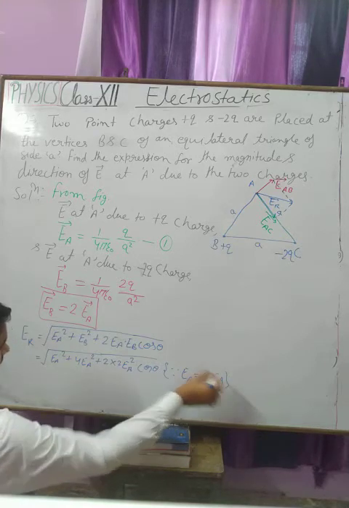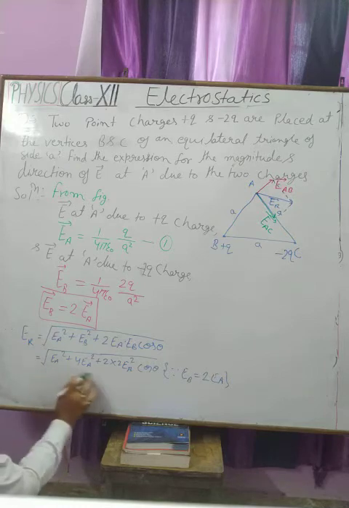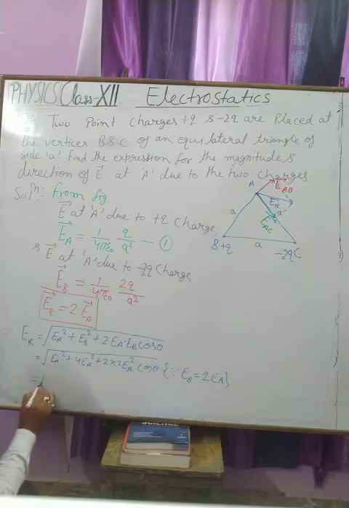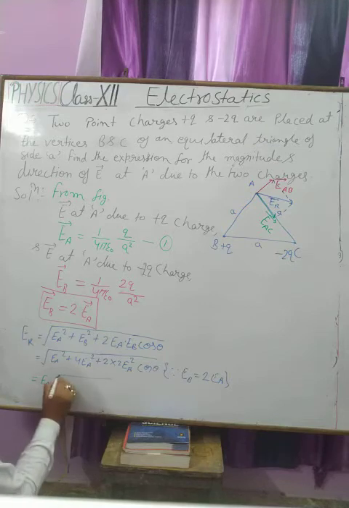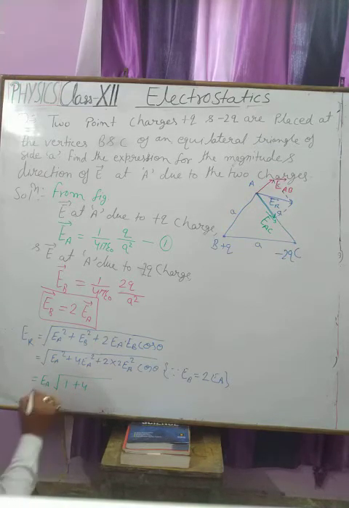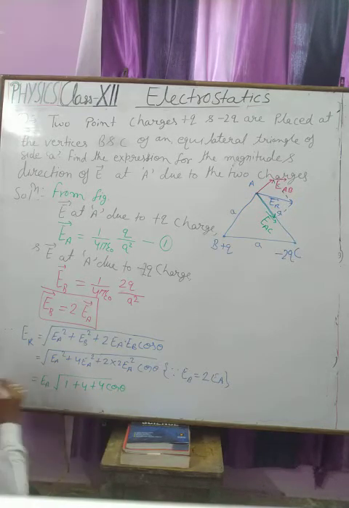Okay, student? Now this EA square is common, as EA, and we have in the square root 1 plus 4 plus 4 cos theta. Okay, student? Now we are finding the value of angle theta.